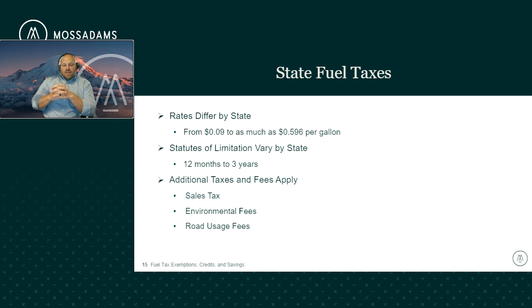The other thing that gets layered on at the state level are sales and use taxes, environmental fees, road usage fees, inspection fees. You'll just see a whole lot of additional fees that get layered on there, and you'll see some of those top rates start pushing 70, 80 cents a gallon. And then you start throwing in the federal rate at 18 to 25 cents a gallon, and you're paying $1 a gallon in taxes alone for every gallon of fuel that you purchase.